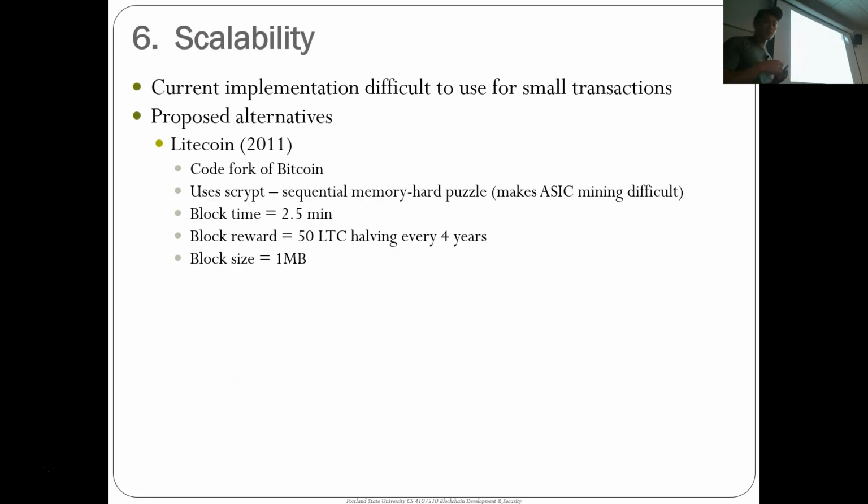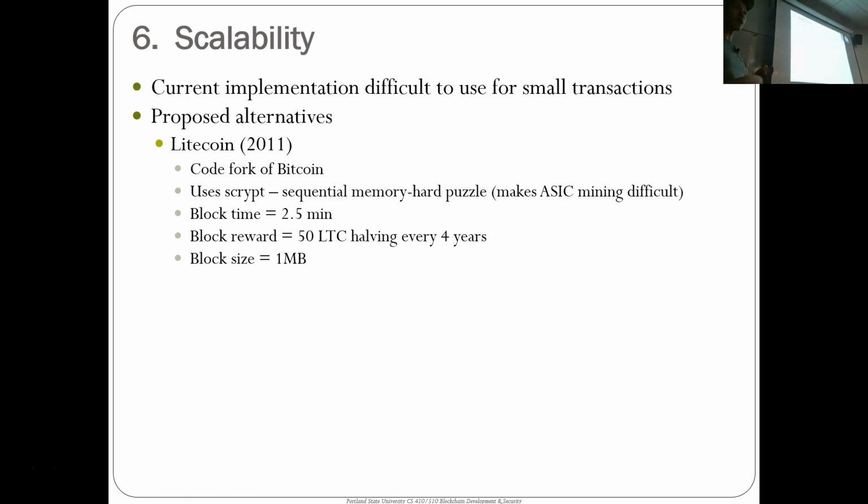Okay, the next thing is scalability. The current implementation is difficult to use just because of the 7 transactions per second. There are some proposed alternatives. The first one is Litecoin. This is a code fork of Bitcoin, and it uses a different puzzle, something that's memory bound. This is interesting because it makes ASIC mining really difficult.